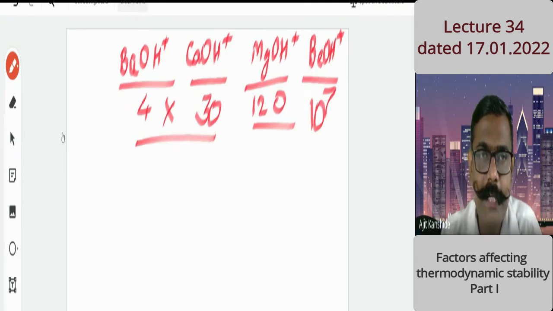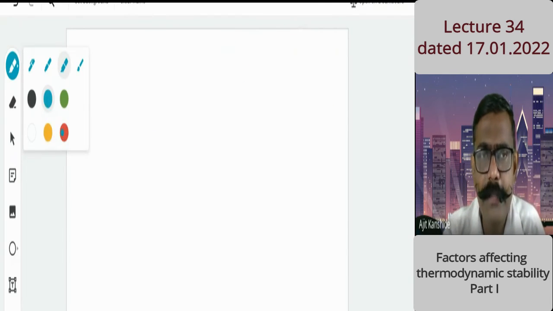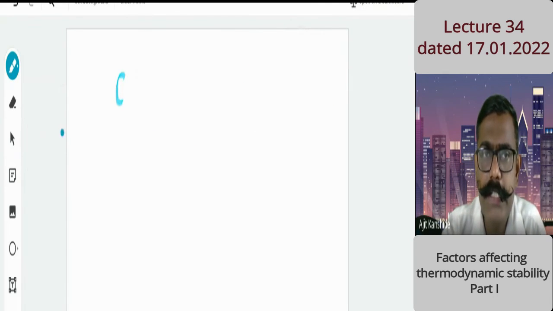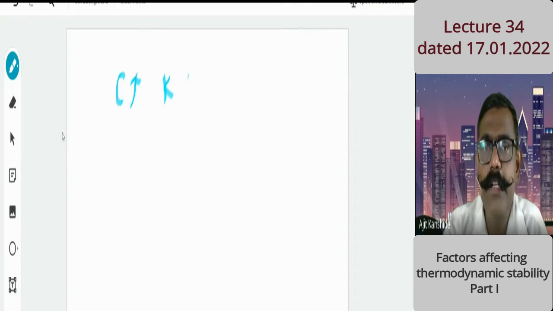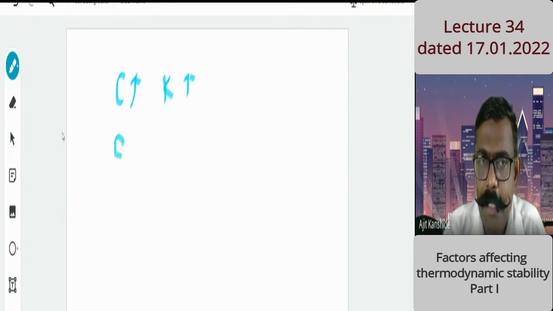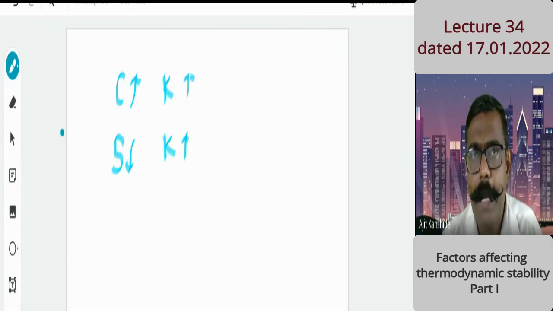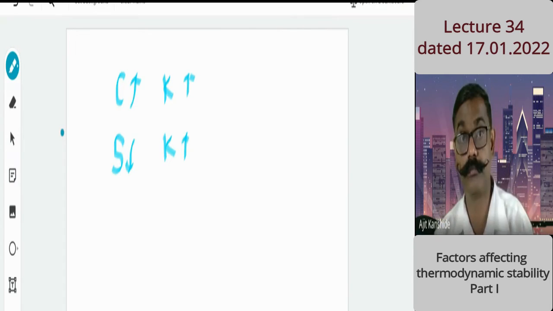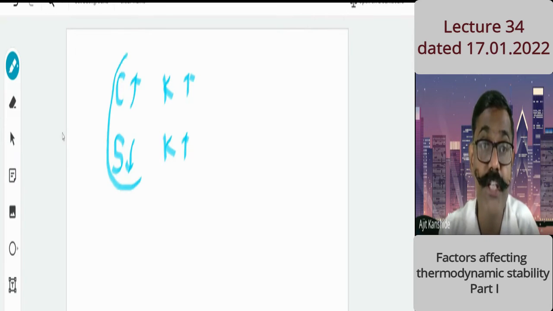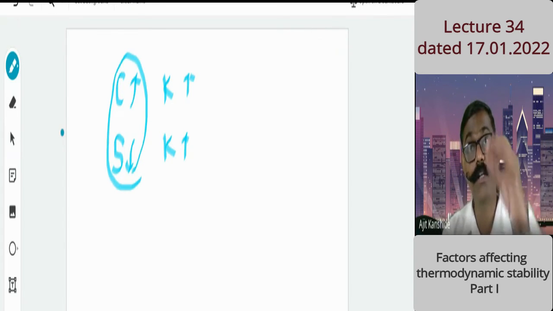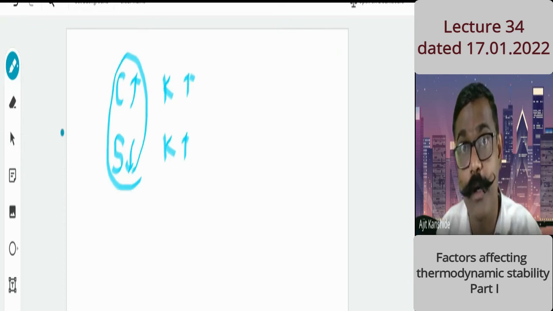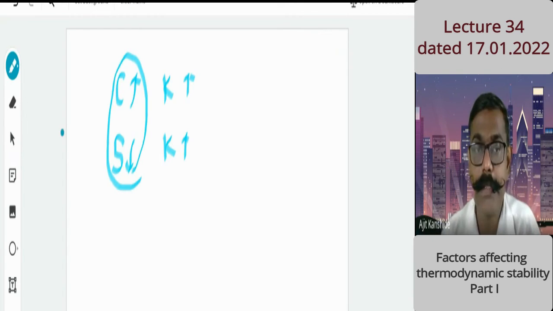So, two statements we are with. The first statement, about the charge: when charge increases, stability increases. And the second statement: when size decreases, stability increases. But if I have to represent charge and size in one term, charge is one term and size is one term at this moment for us. But if I have to represent it in terms of only one aspect, then that aspect is charge density.